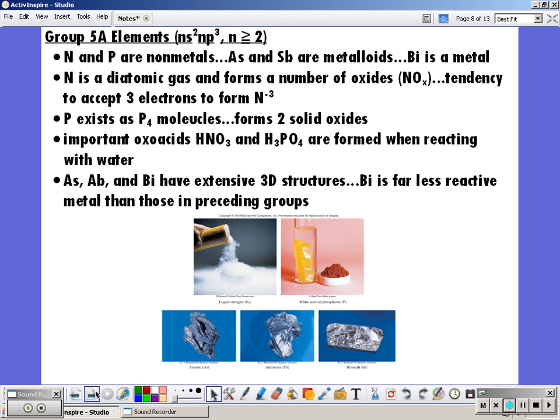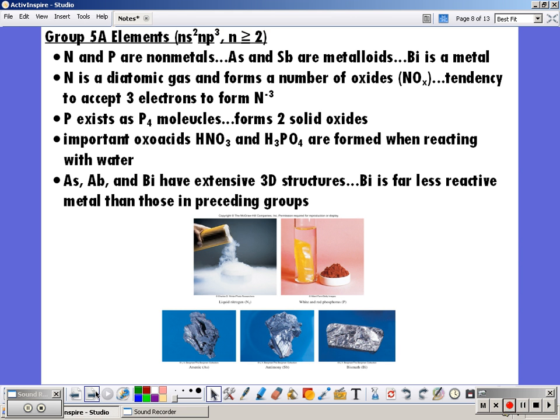The tendency for nitrogen is to accept 3 electrons to form N-3. Now phosphorus actually exists as P4 molecules, and notice that in the picture we have both a white and a red form of phosphorus. And that would go along with the 2 different solids that it could form.